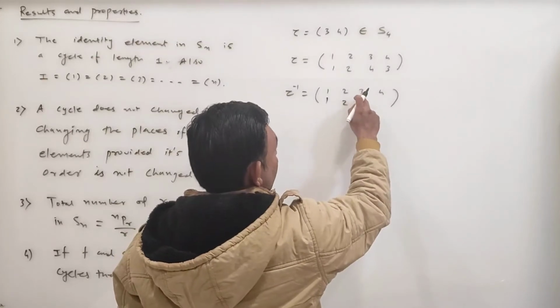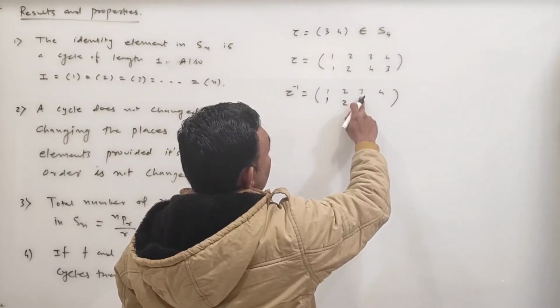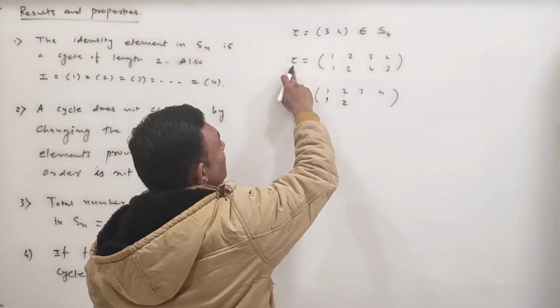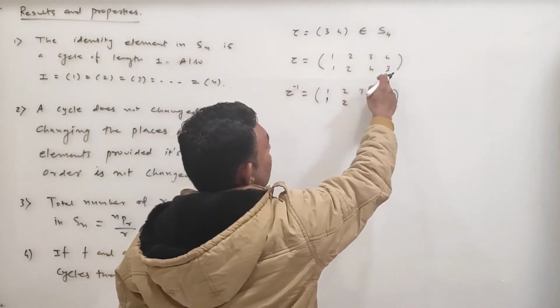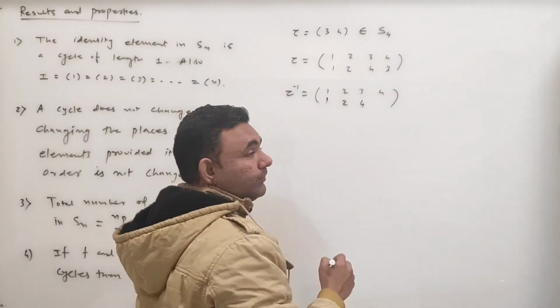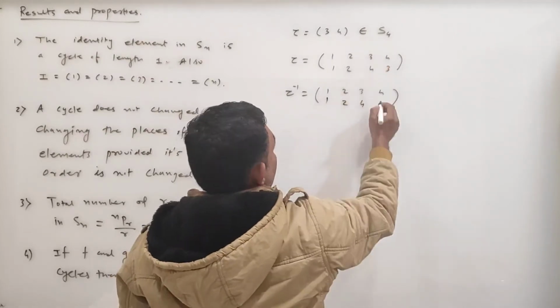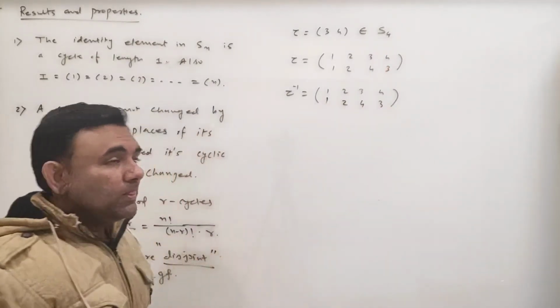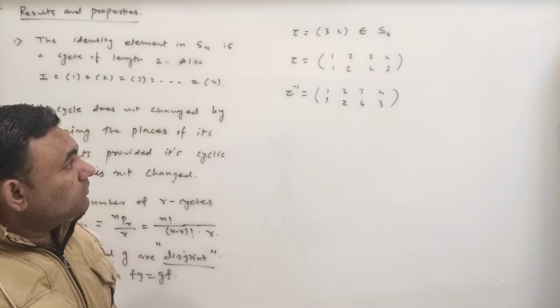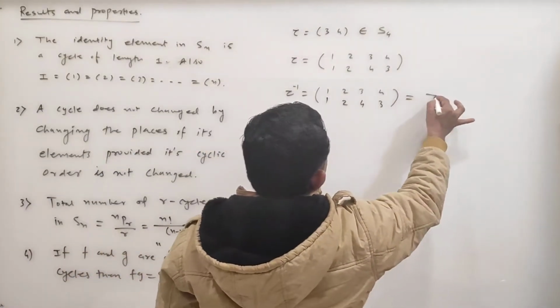What is the image of 3 in tau inverse? So you look in the tau. 3 is the image of which object? That is 4. So it is 4. And what is the image of 4? तो 4 किसकी इमेज थी? 3 की. So this one is 3. Right. So what do we get here? It is tau itself.